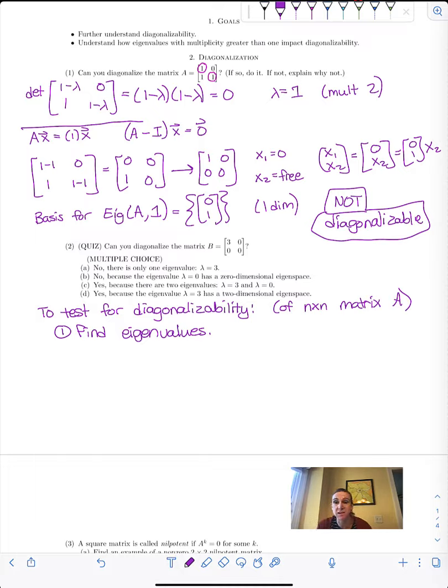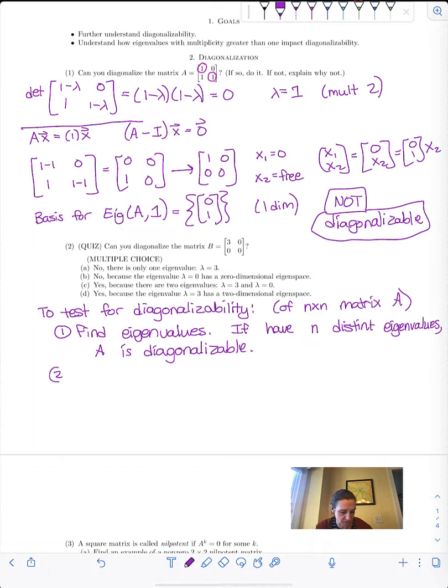For this particular case, we're looking at a 2 by 2 matrix. If you have n distinct eigenvalues, then your matrix A is diagonalizable. Because remember, each different eigenvalue gives an eigenvector that's linearly independent of the others.